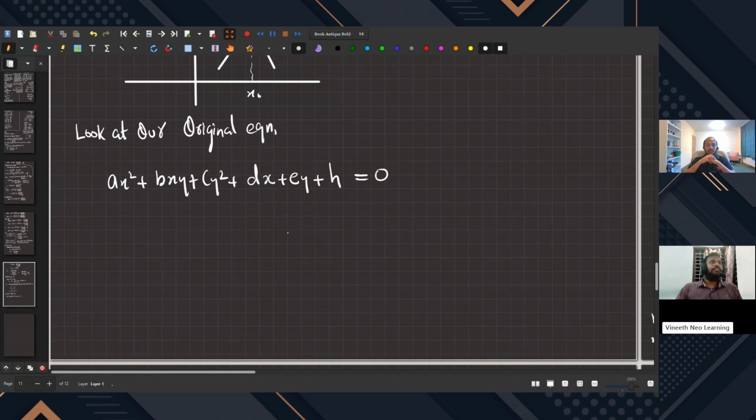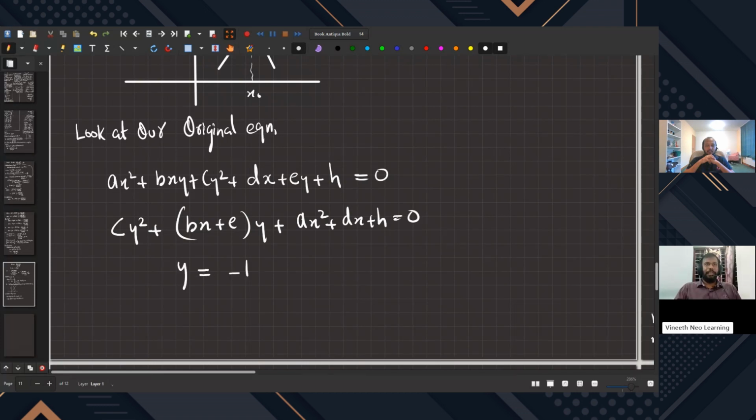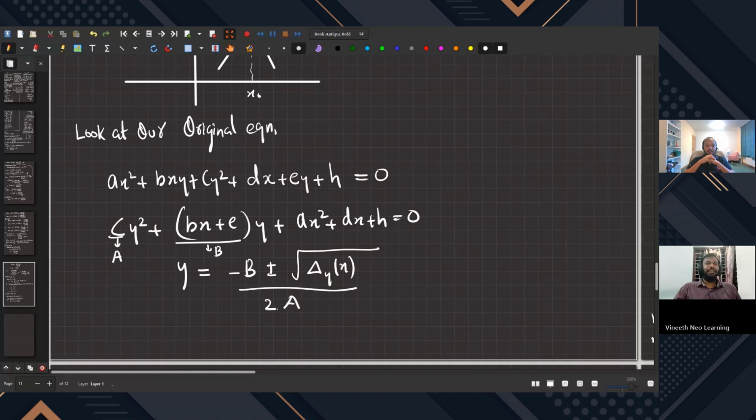What if we made it into an equation in y? We would have cy squared plus (bx plus e)y plus ax squared plus dx plus h equals 0. And we can find y as minus b, where this is b, plus or minus the square root of delta y of x, over 2a. Then this entire reasoning still holds.